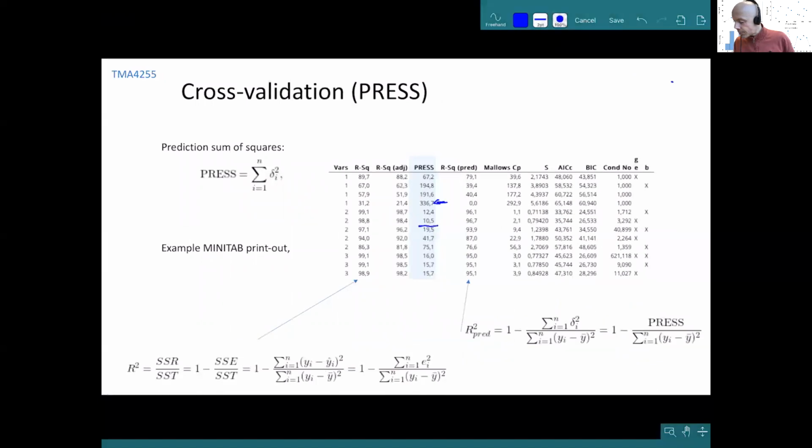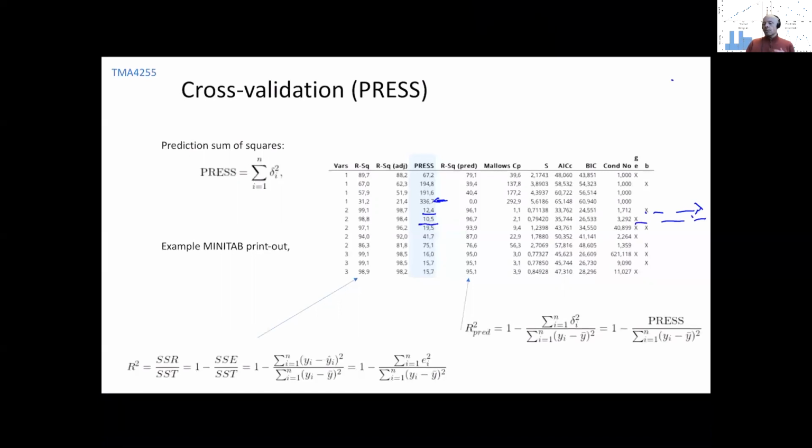This would not be very useful. This one is also quite small. So then we see, okay, which variables do these include in their models? So PRESS is a good thing to also look at, not only R squared, but maybe R squared prediction as we have here, which is a function of PRESS instead of SSE.